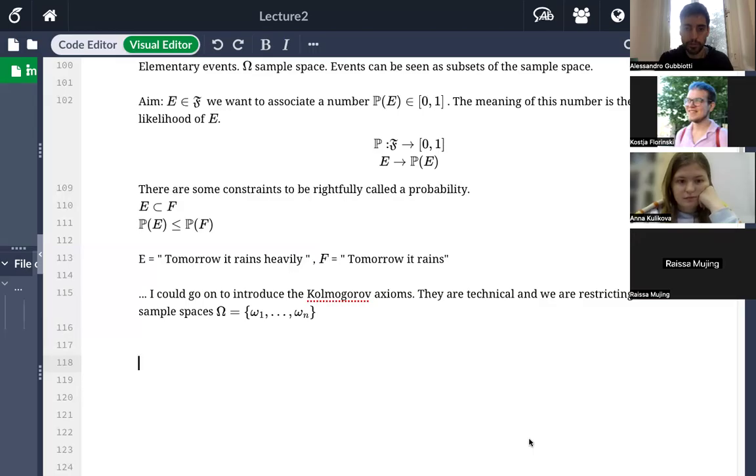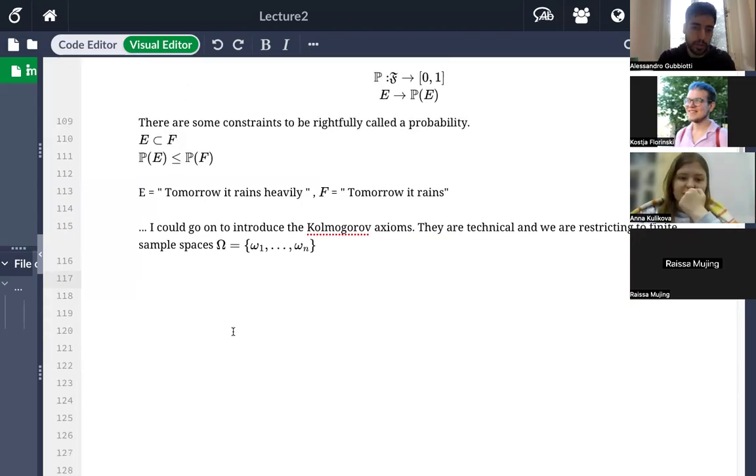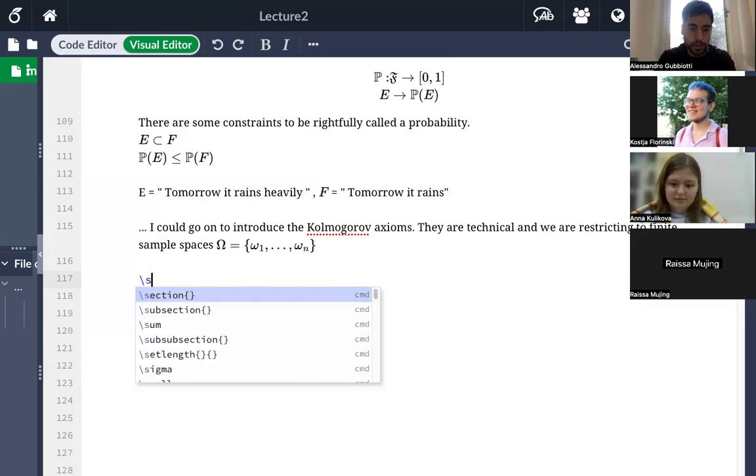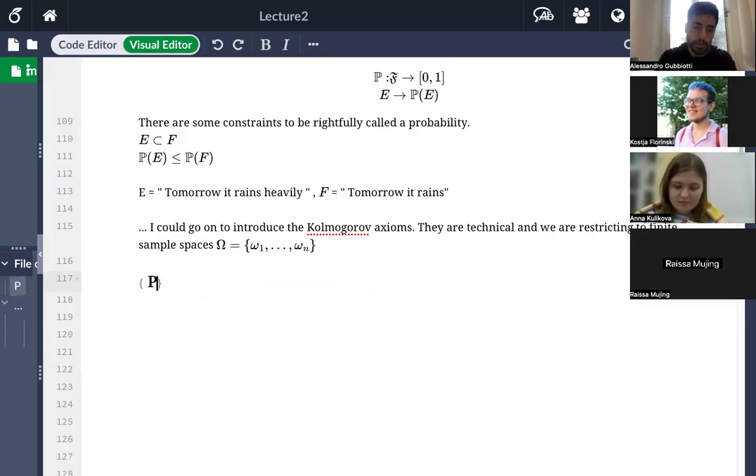So in the following, we will restrict to finite sample spaces. So the chapter here is probabilities on discrete spaces, on finite sample spaces.